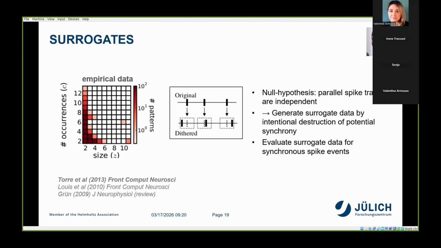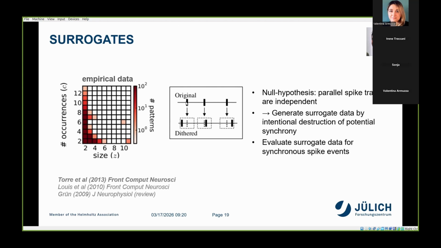You take the original data, in this case the spike trains, and you manipulate them such that you keep most of the properties the spike train has, but destroy the potential correlation.